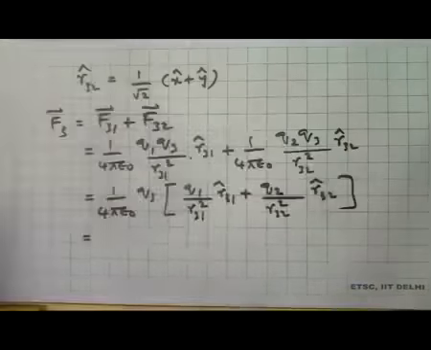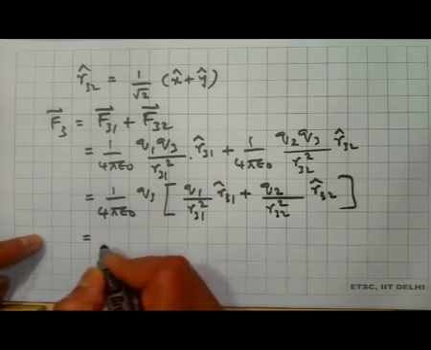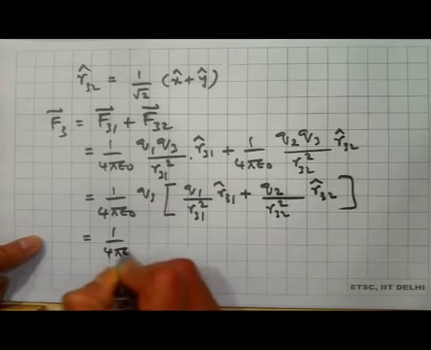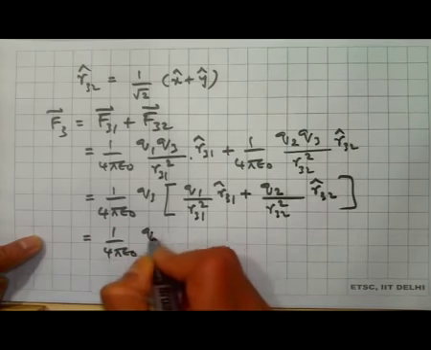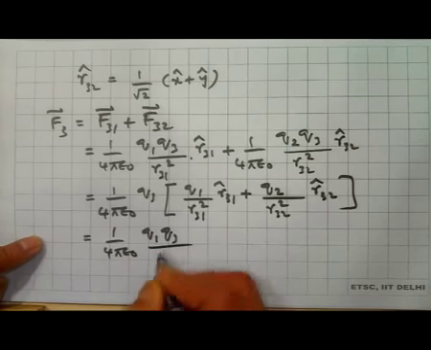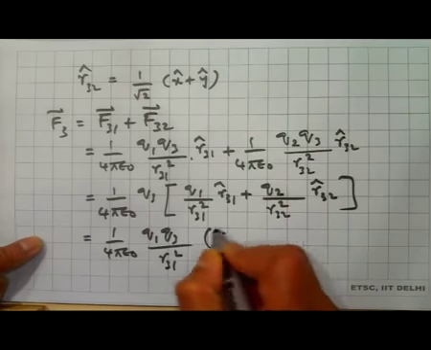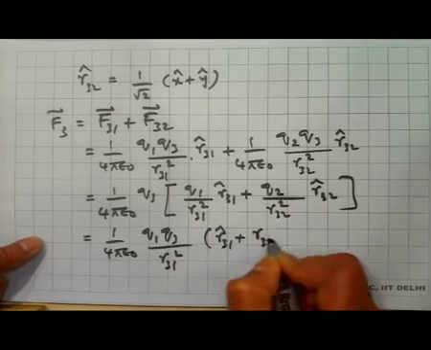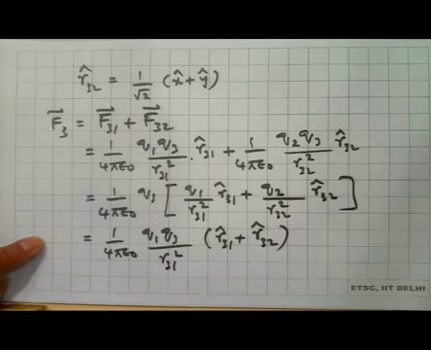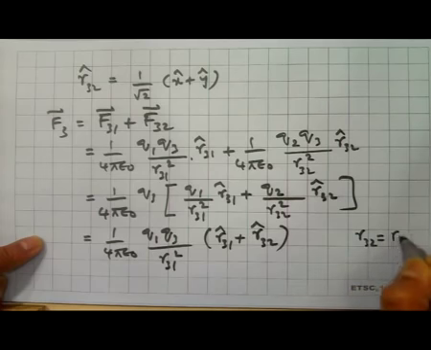So, what I get is essentially 1 by 4 pi epsilon 0 q 1 q 3 by r 3 1 square into r 3 1 unit vector plus r 3 2 unit vector, where I have assumed that r 3 2 is equal to r 3 1 and q 2 is equal to q 1.